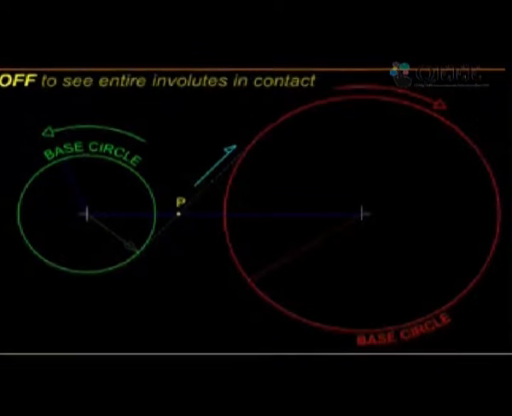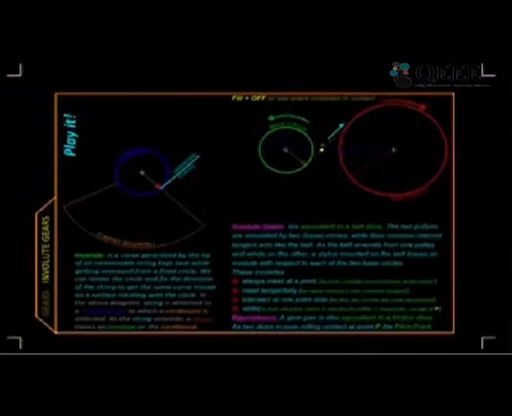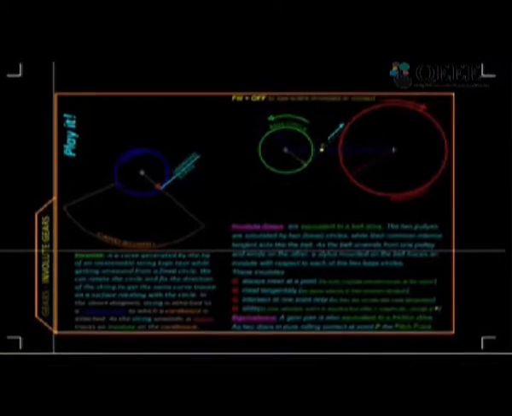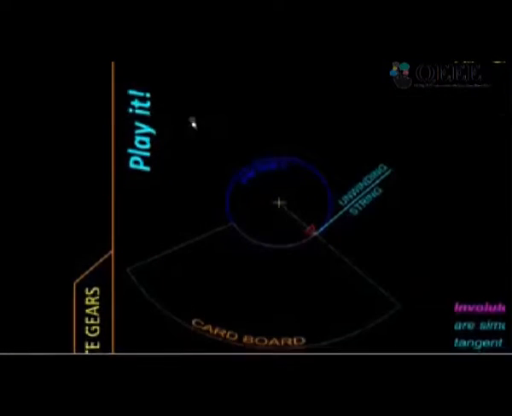To understand what kind of profile this generates, let us concentrate on any one of these pulleys and use this setup. Over here, this is the pulley. To it, a cardboard is attached on which we can draw. Instead of belt, we have this inextensible string, and on it there is a pencil.